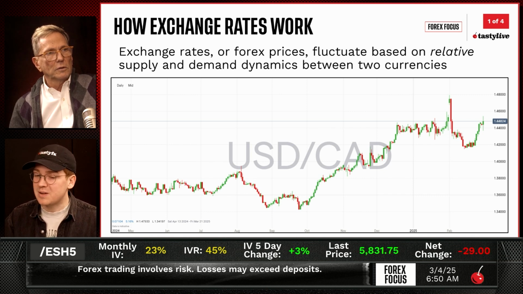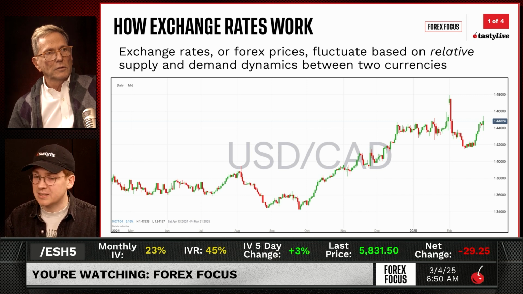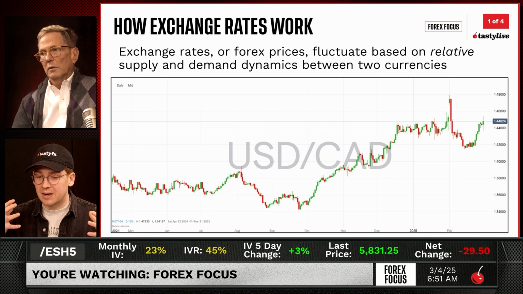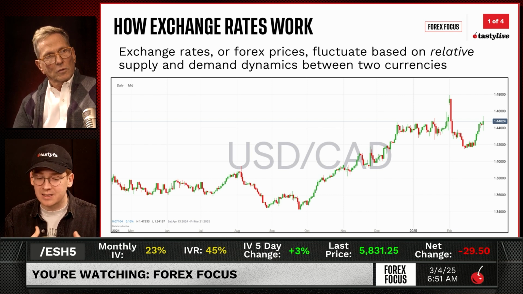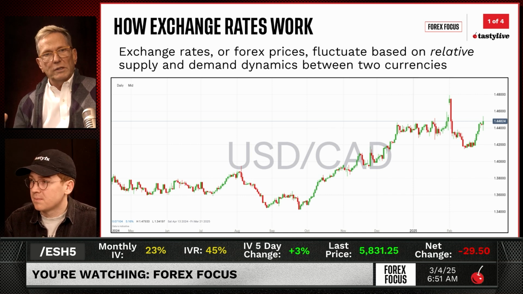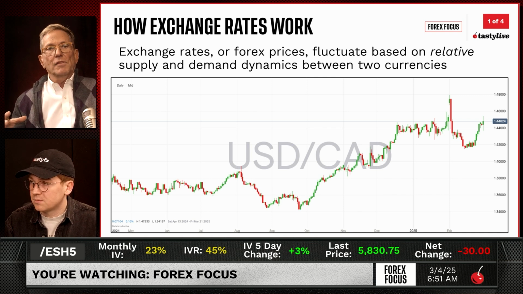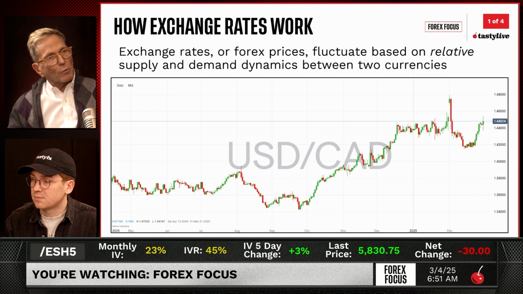Just really quickly, Pete, what are some basic supply and demand dynamics that move a forex pair like this, U.S. dollar and Canadian dollar, one way or the other? Sure. Rate differentials, both nominal, which is the rate differential at this time, and the expected direction of travel of that rate differential.